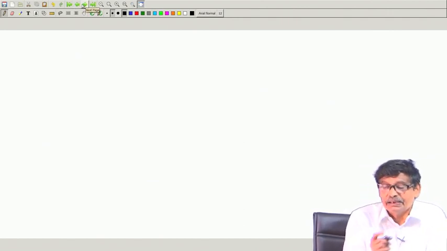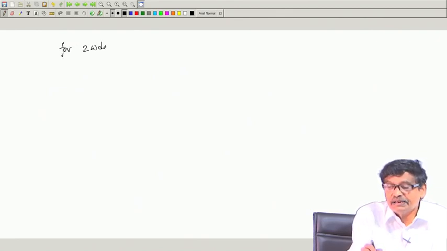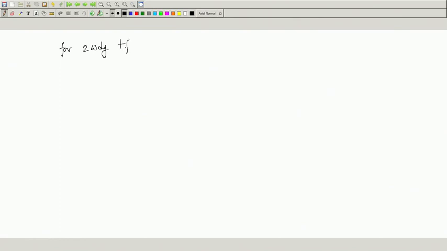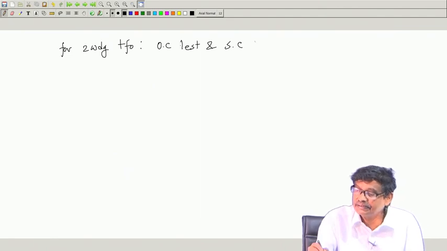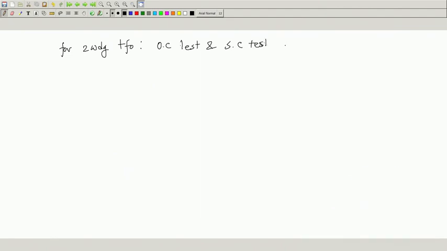But what I am telling is, for two winding transformer, you recall we have done open circuit test and short circuit test to find out equivalent circuit parameters.